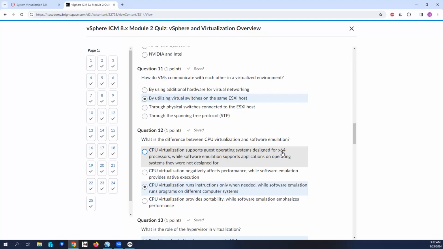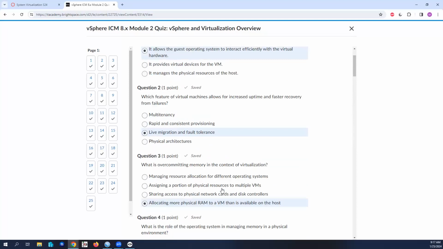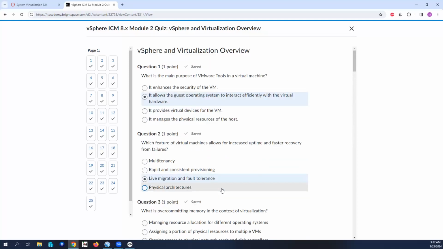Is that the only one that was missed? Yeah, it was the only one that was missed. So that's the answer. I don't like that answer. I don't necessarily like the one I chose either.